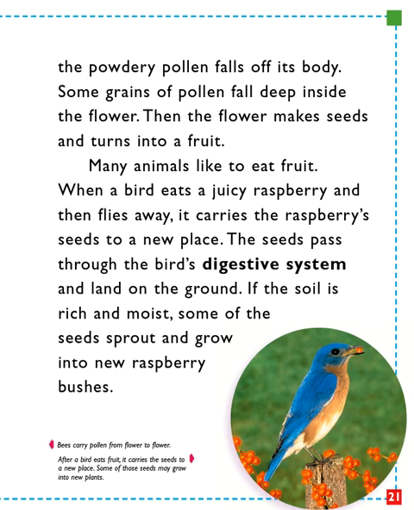Many animals like to eat fruit. When a bird eats a juicy raspberry and then flies away, it carries the raspberry seeds to a new place. The seeds pass through the bird's digestive system and land on the ground. If the soil is rich and moist, some of the seeds sprout and grow into new raspberry bushes.